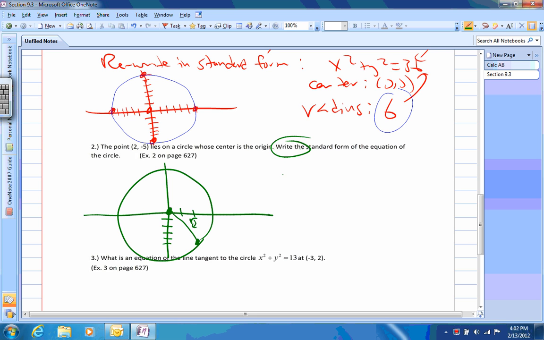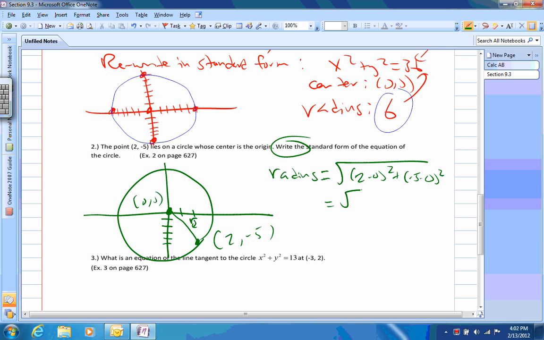So the radius will simply be the distance between 2, -5 and 0, 0. So it should wind up becoming root 29. So equation should be x squared plus y squared equals 29 because you have to square the radius. Again, pretty simple.